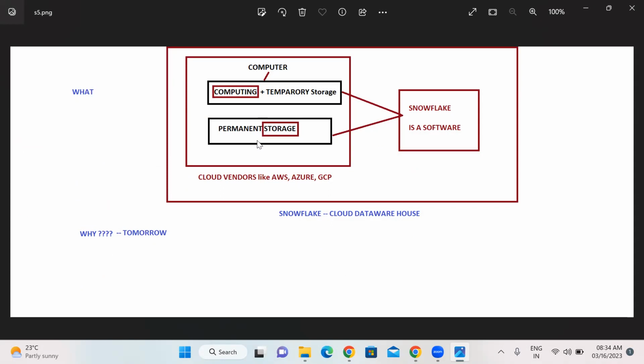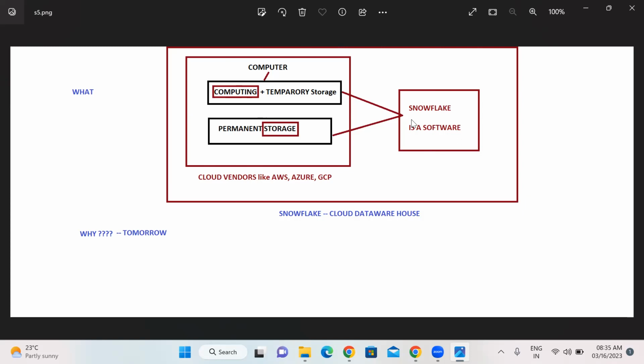Both combined, we call a Snowflake cloud data warehouse. The software acts as a UI, and for the UI we need computing and storage.